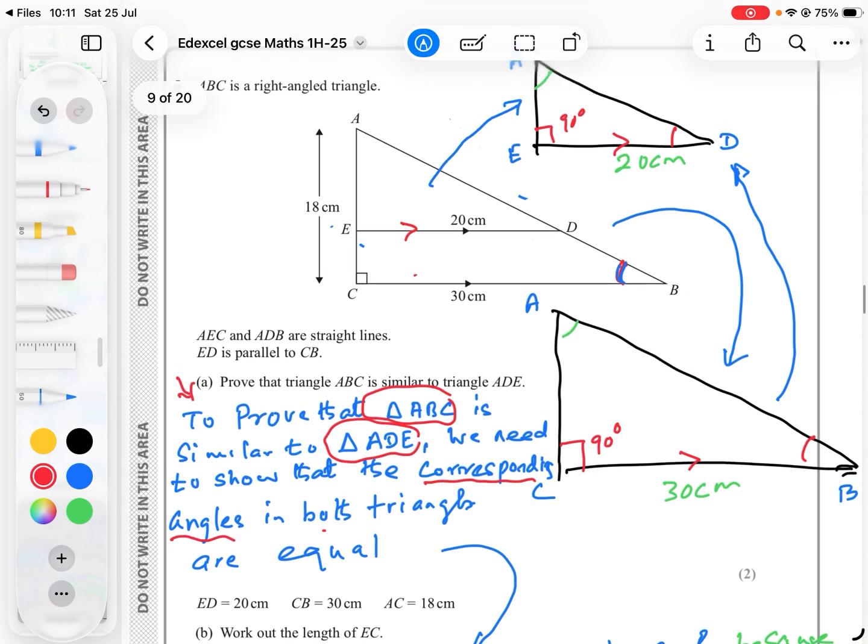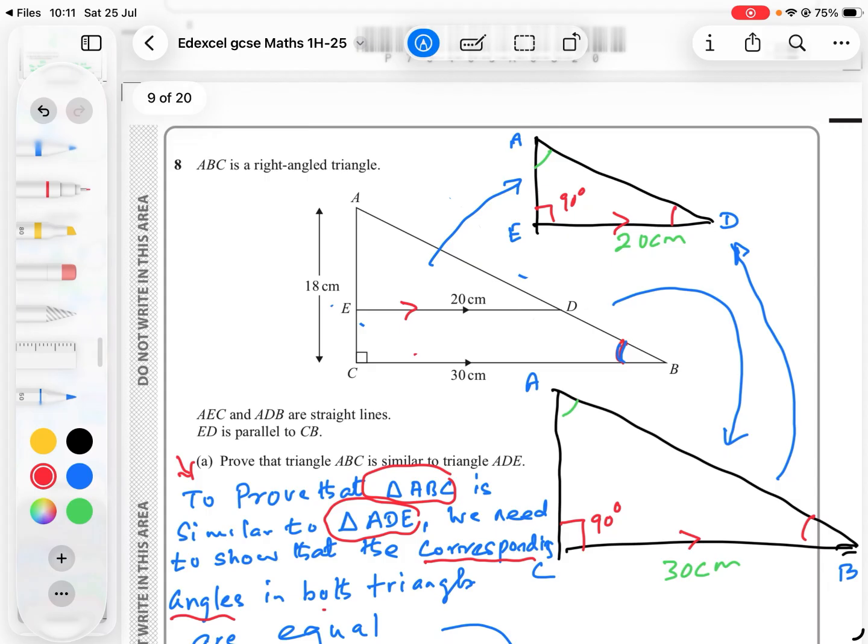That means, of course, you can see this one 90, so their corresponding angles are equal. Next one, this angle equals this angle, because their lines are parallel, so corresponding angles are equal. The third angle, this one equals this because that one is a common angle.